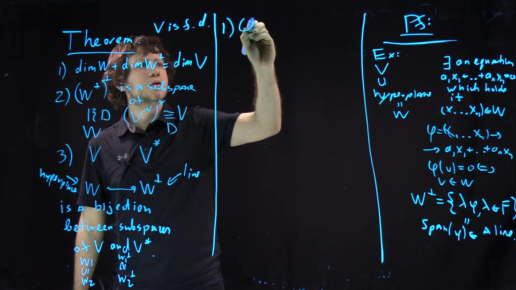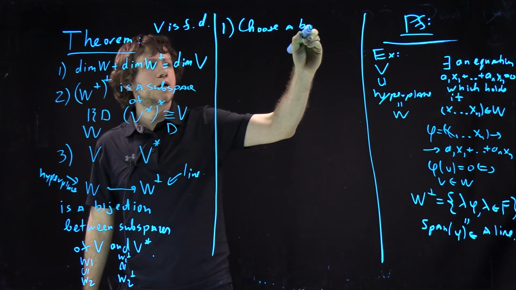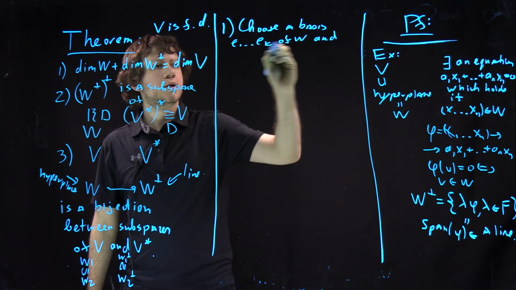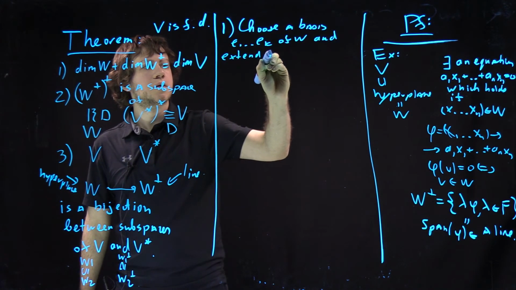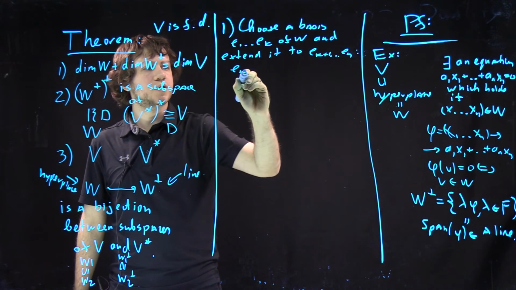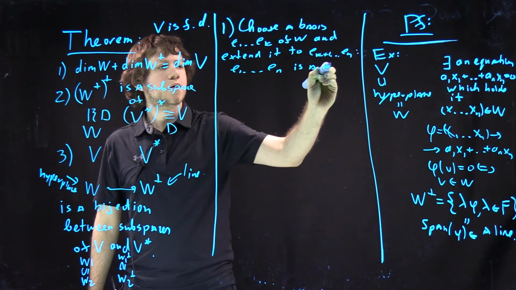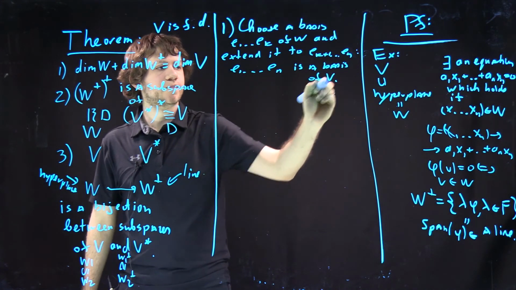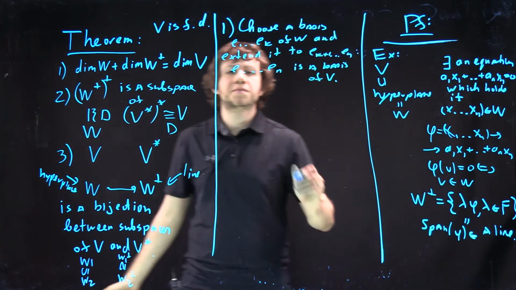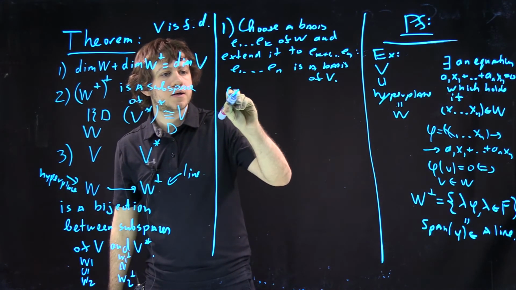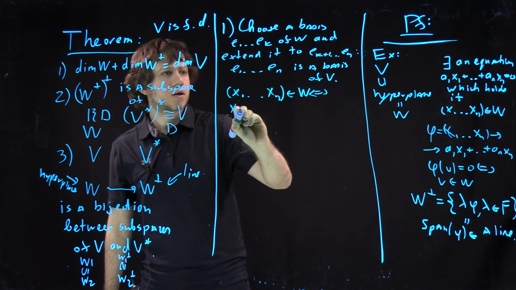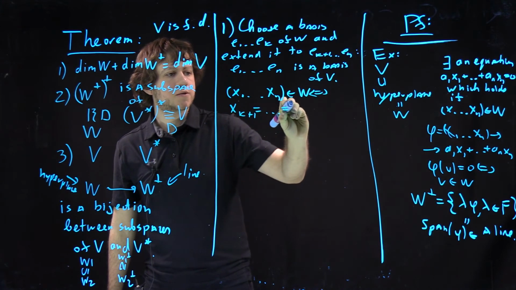So choose a basis e1 up to ek of W and extend it by ek plus 1 up to en, so that e1 up to en is a basis of V. So we have W, we have this basis, we have this V, and then of course, a vector x1 up to xn is inside W if and only if xk plus 1 equals and so on equals xn equals 0.